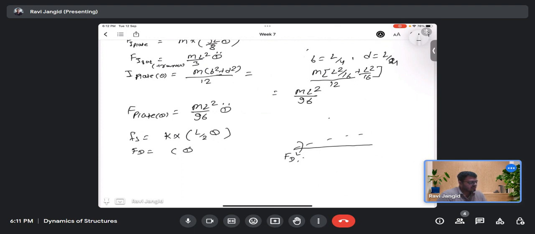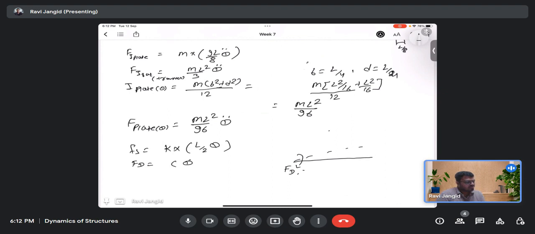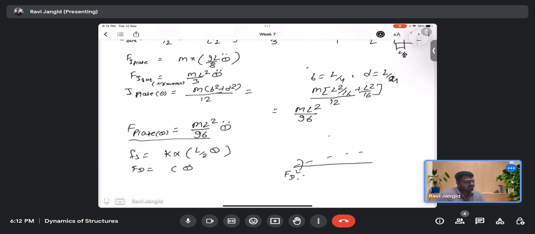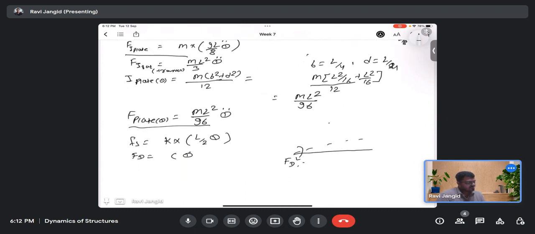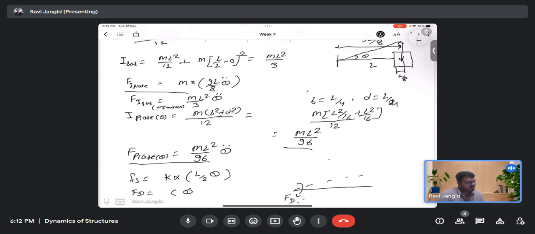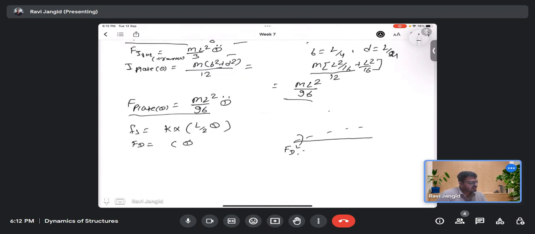Fd, and these are calculated corresponding to F plate, ml square by this one and this one. So that is F I bar, F plate in the theta direction, and F plate in the transfer direction.